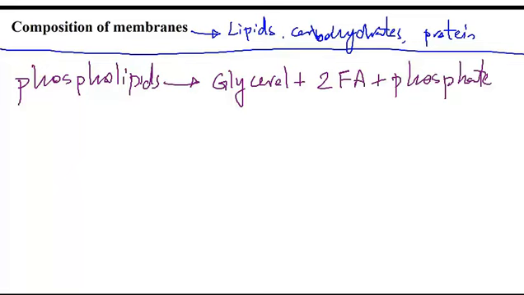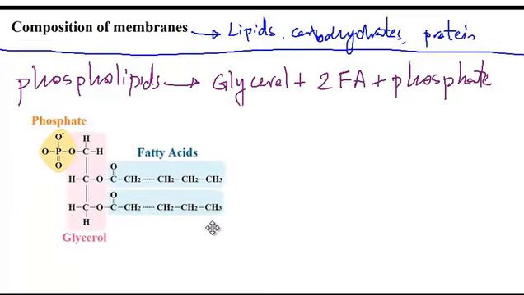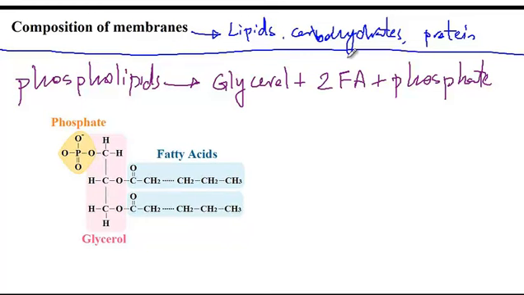And so here I'm showing you an image of a phospholipid. So here we have all the three components that I just described for you. We have a glycerol attached to two molecules of fatty acids, and then there is a phosphate polar head. And so since the phosphate has a negative charge, therefore it's polar and it would be hydrophilic, versus the fatty acids, which are chains of carbohydrates.